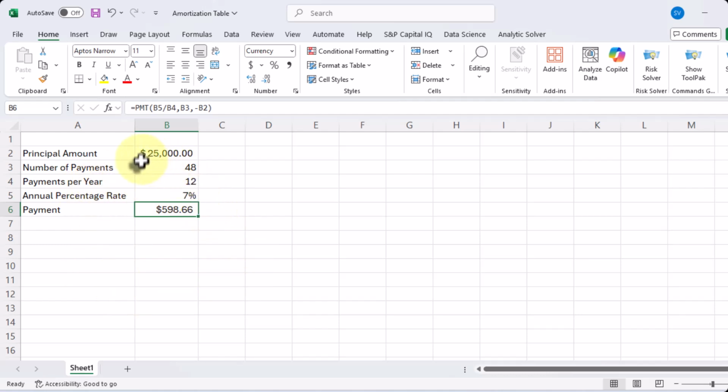I want to do a few things here before I set up the amortization table itself. I want to name the principal amount. So up here, I'm going to name this cell principal. I'm going to name the payments per year up in the name cell here, PPY.